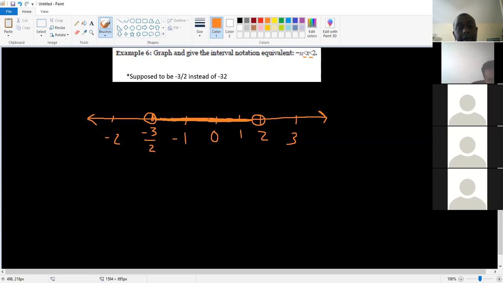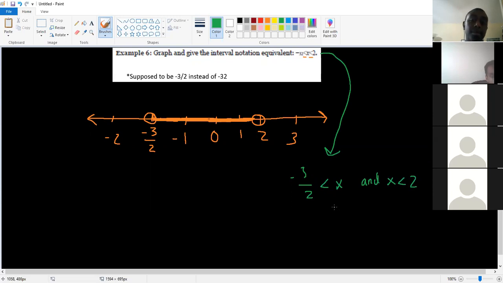Yeah, that's correct. So if you wanted to, you could have solved them separately. Let's say that we can decompose this to -3/2 is less than x, and x is less than 2.